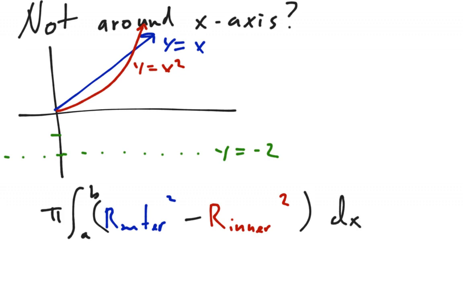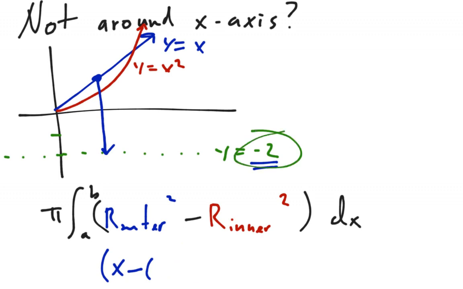The only difference is that the radius isn't just the function. The outer radius is going to be the y value here down to y equals -2. And so the way we calculate that is to simply do x minus the y value of the axis of revolution, which is -2. So we'll have x minus -2.